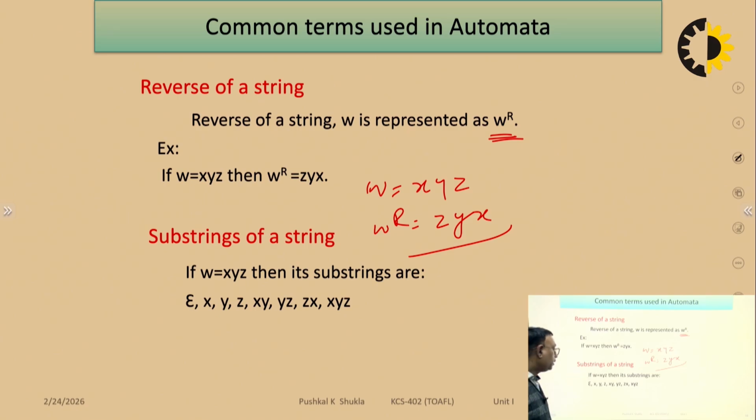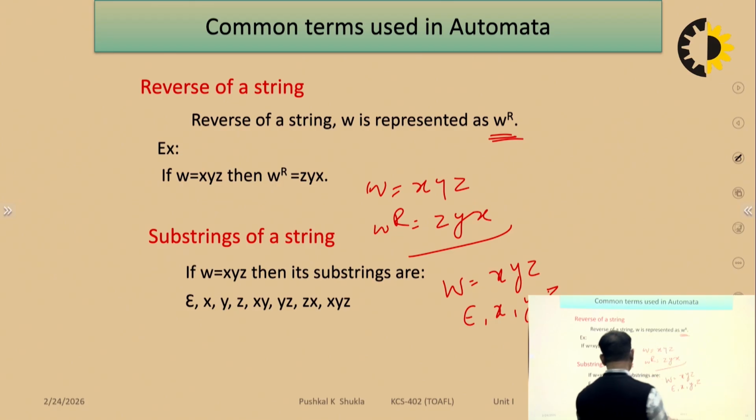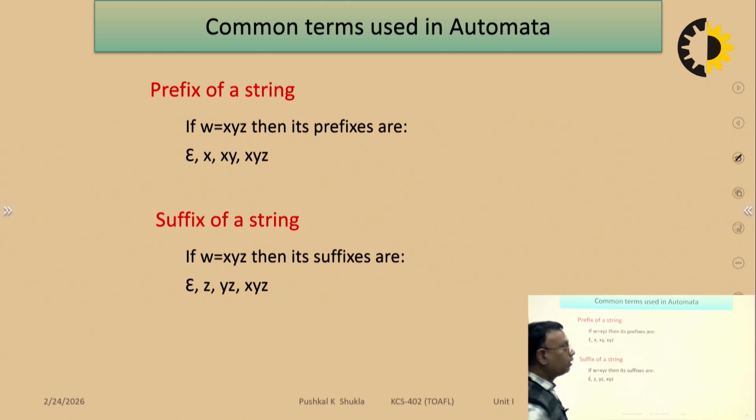Substring of a string: suppose W equal to XYZ. Then its substrings are epsilon, X, Y, Z, XY, YZ, XYZ. These are the substrings. Again, prefix of a string: if W equal to XYZ, then prefixes are all the leading symbols of XYZ.